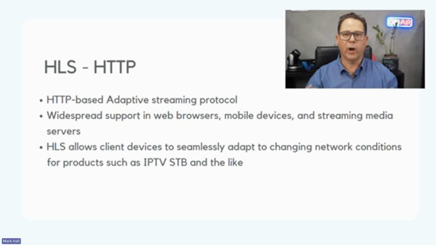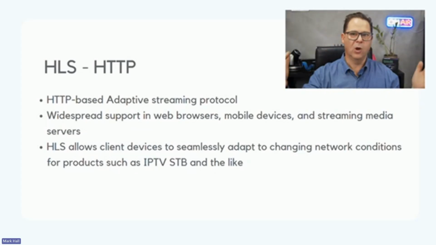And how HLS works is it has a header file that's called an M3U8, and imagine there's different quality streams. So if you had 1 meg of bandwidth, for example, you could have multiple streams in that HLS stream, like maybe a 200K, a 500K, a 700K, or whatever it might be.